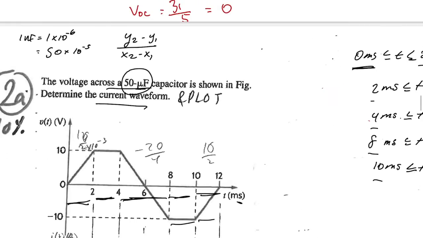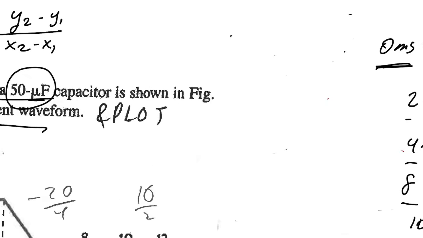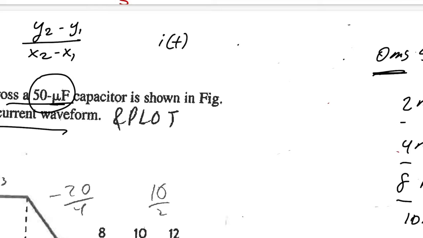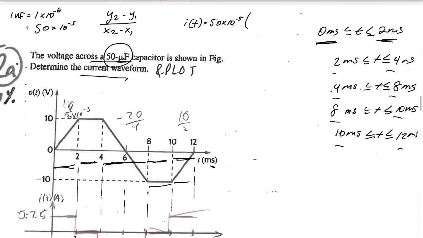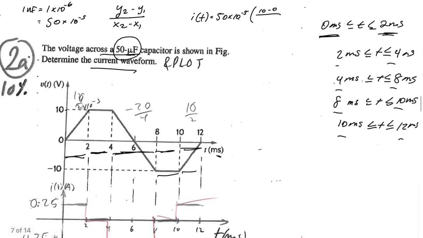So that's how we're going to be writing it to calculate the values. Okay, so we want to find the current for this first one, 0 to 2. So I_T is equal to the capacitance, so 50 times 10 to the negative fifth times y2 minus y1, so 10 minus 0 over, what's the x?